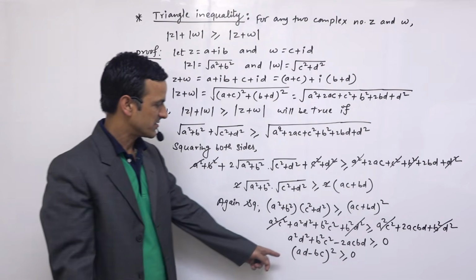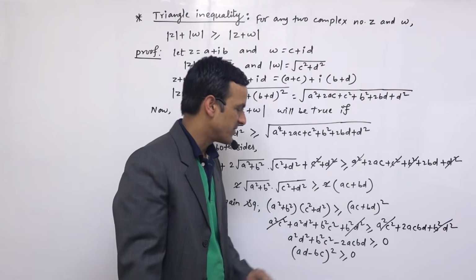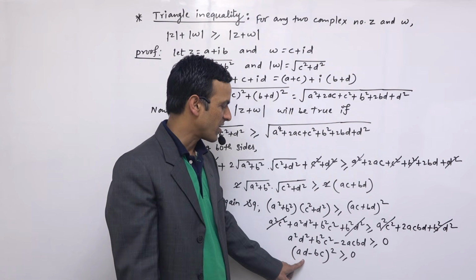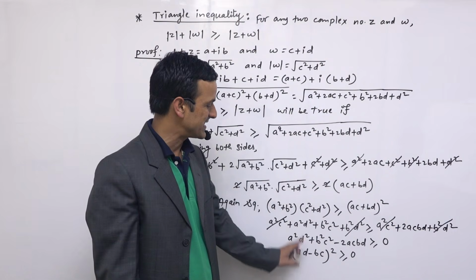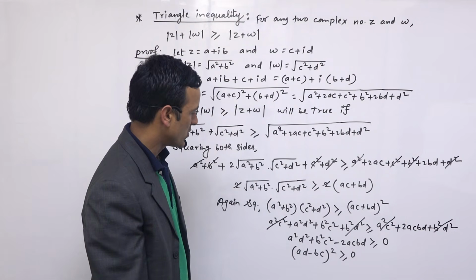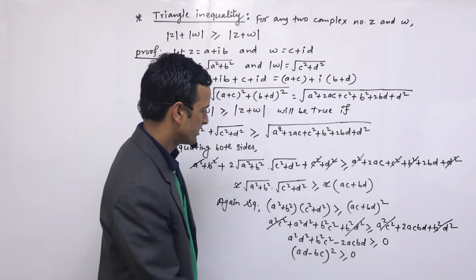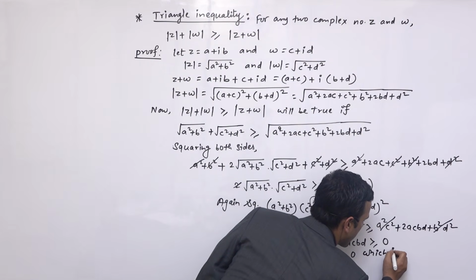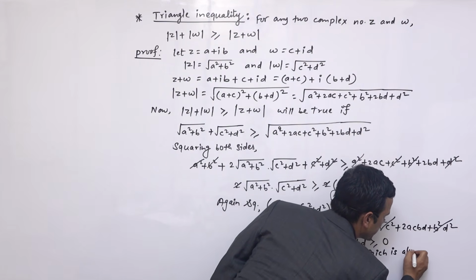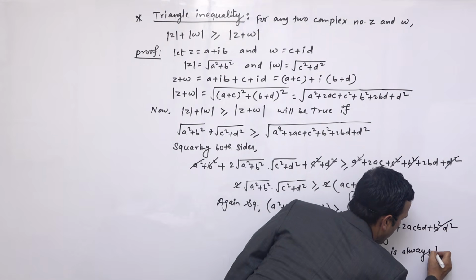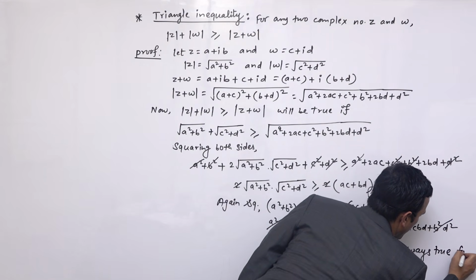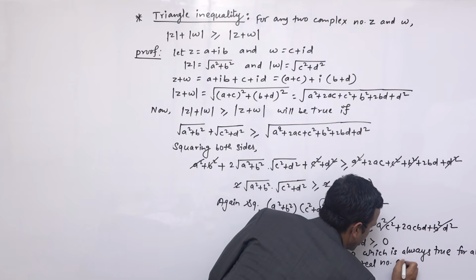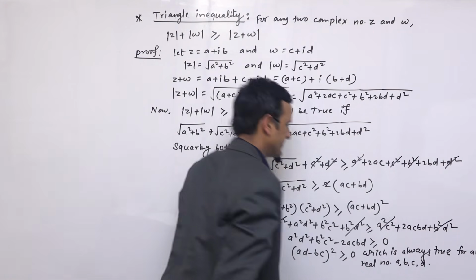This is the result obtained after solving this one. So which is a real number, which is always true for all real values a, b and c, d. So we can write it like this: always true for all real numbers a, b, c and d.